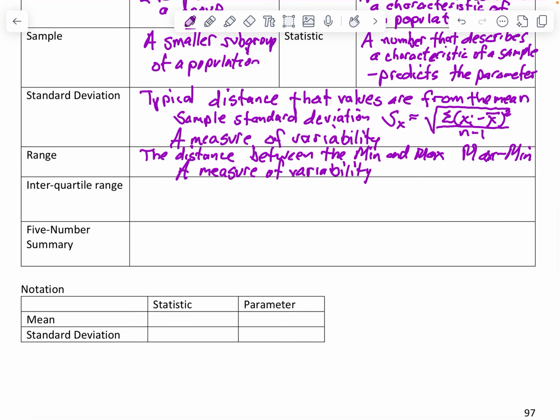Interquartile range is usually used as a measure when we're doing box plots.